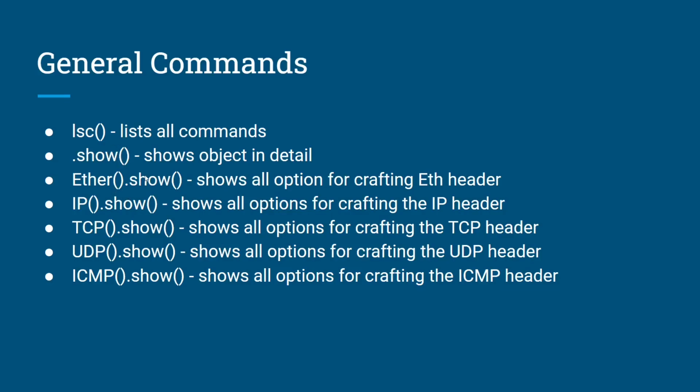And then these just show how .show works for the basic headers that you can manipulate within Scapy: Ether, or the Ethernet header, the IP header, TCP, UDP, ICMP. There's a ton more that you can use, but these will show all of the different parameters that you can attach to those objects. I guess it's built as a class, and then whatever that class has within it, it will show you those attributes. So pretty useful.